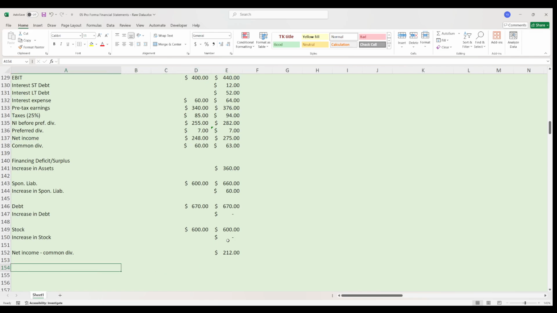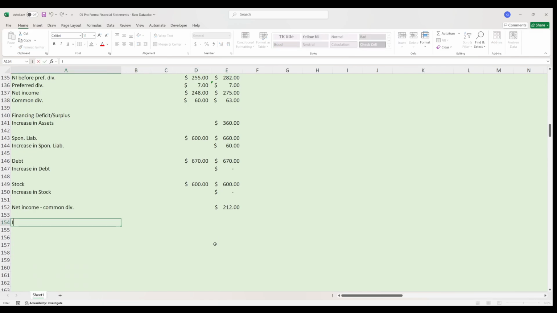All right, so then what we can do is calculate the difference between the two, the increase in assets minus the increase in financing. So that's going to be the increase in assets minus the increase in spontaneous liability, minus the increase in debt, minus the increase in stock, minus net income minus common dividend, right? So I have 88.